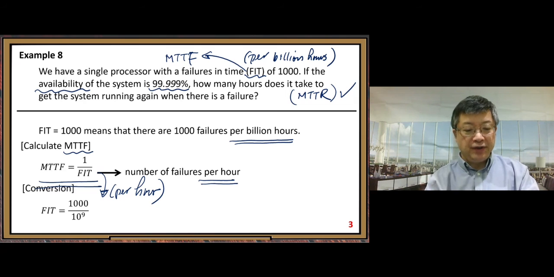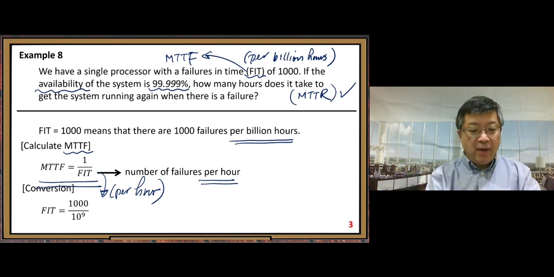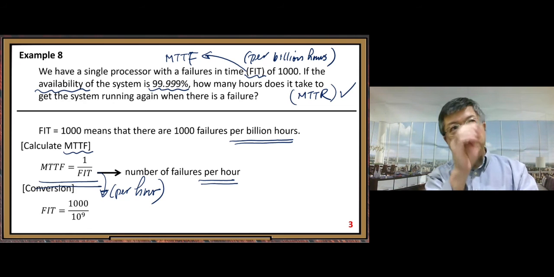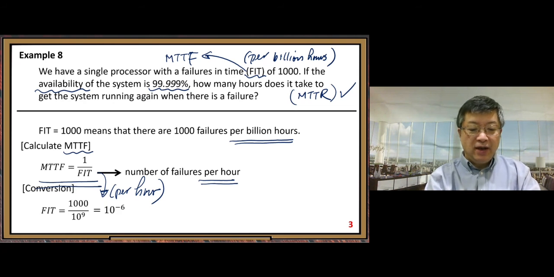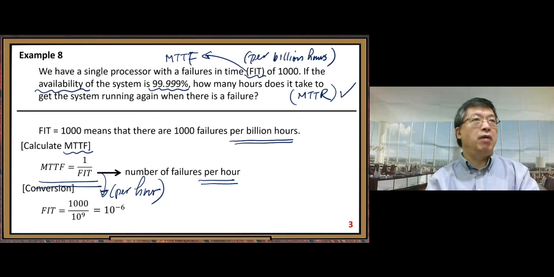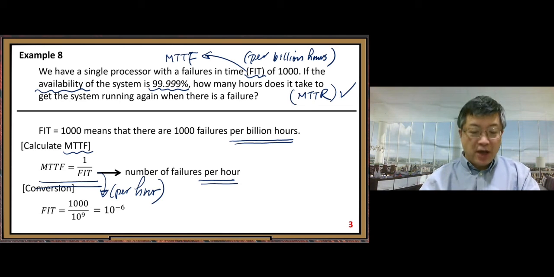Let's do the conversion. How? Divide by 1 billion: 1,000 divided by 1 billion. That's the conversion, 10 to the negative 6th power. All right, so we have this number.